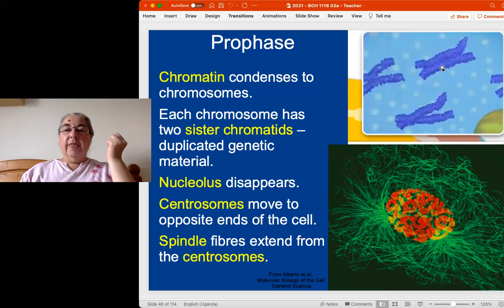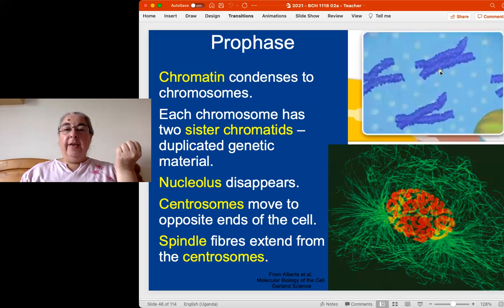This sort of chromosome is not found in cells in between cell divisions, not found in interphase cells, because the instructions carried in the DNA wouldn't be available to be read when the chromatin is so very condensed.